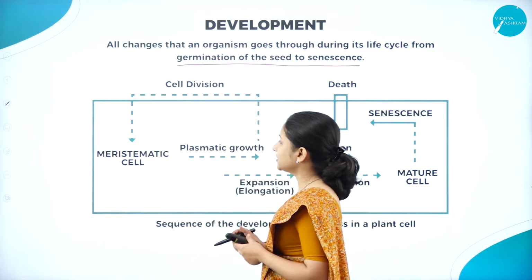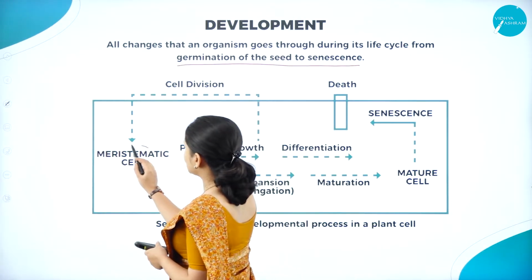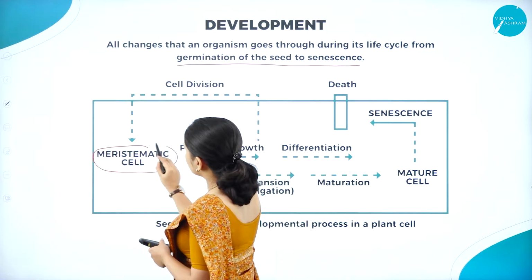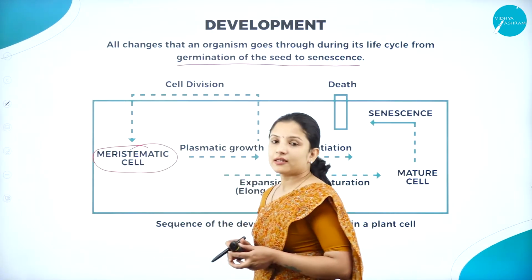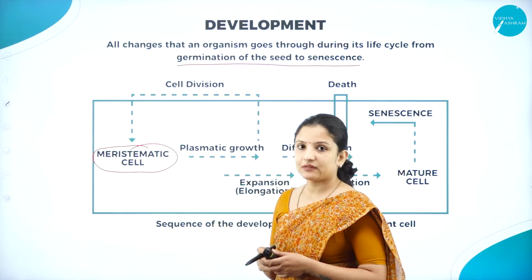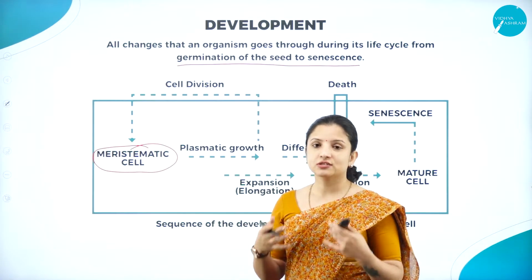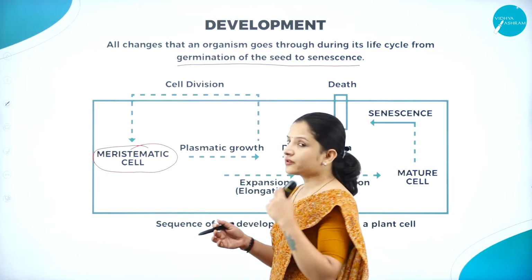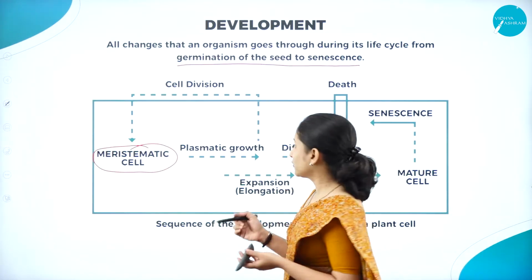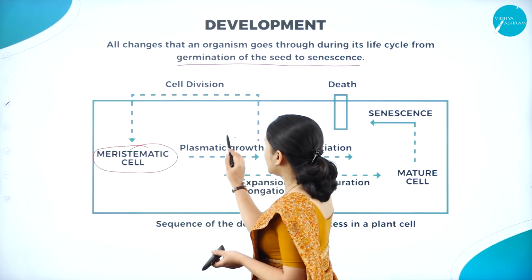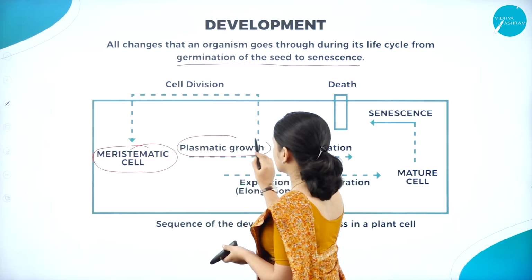First, meristematic cells will be there. What are those meristematic cells? They are the cells which undergo cell division. They will divide, they will form new daughter cells which are also meristematic, and the old meristematic cells that were there will actually undergo plasmatic growth.